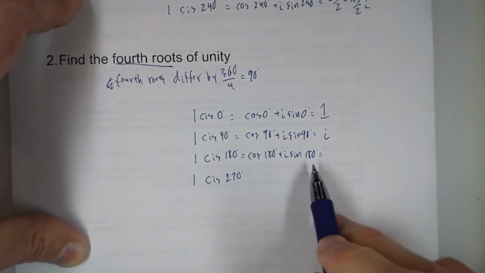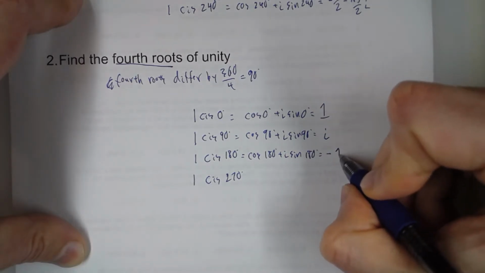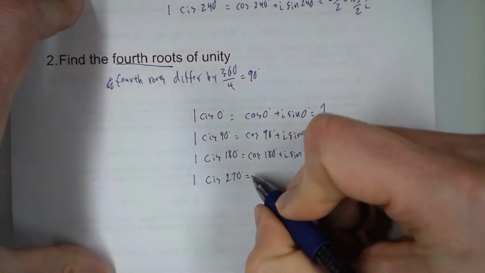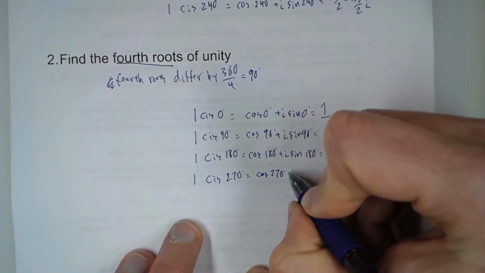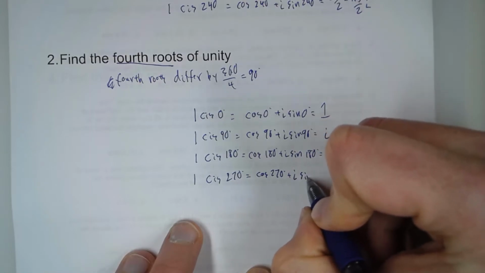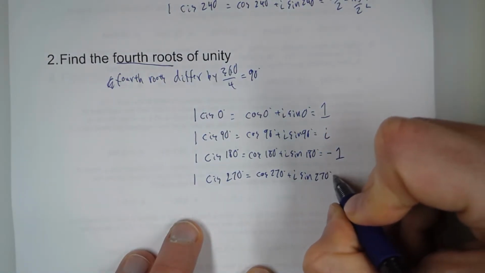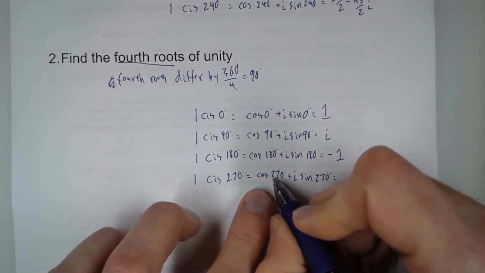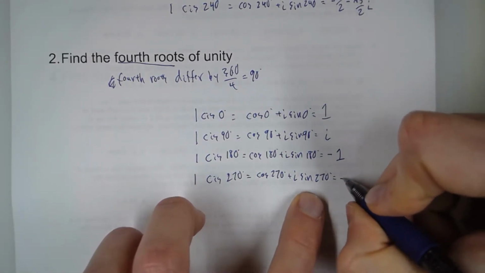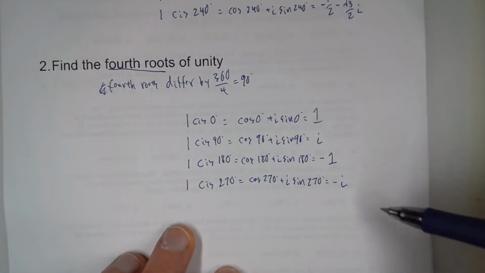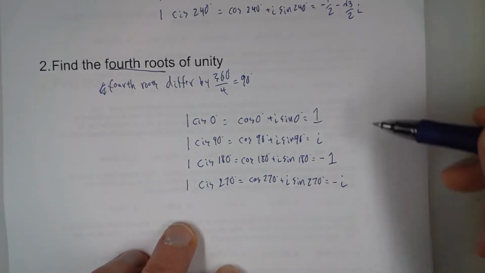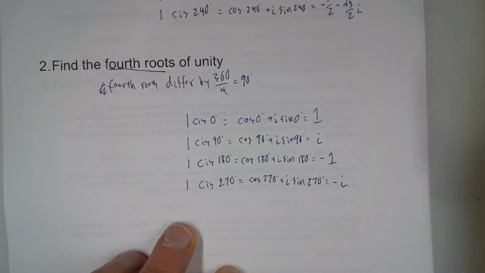Cosine of 180 is negative 1, sine of 180 is 0, so this is negative 1. And then we have cosine 270 plus i sine of 270. Cosine of 270 is 0, sine of 270 is negative 1, so we have negative i. So 1, i, negative 1, and negative i are the 4 fourth roots of unity.